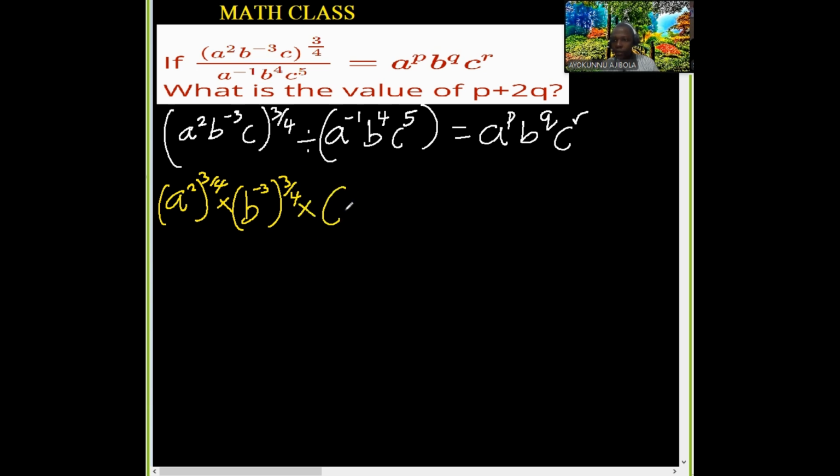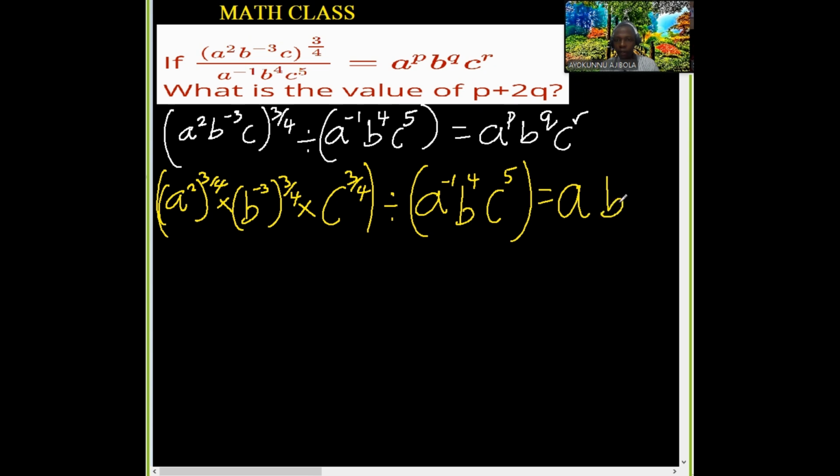Yes, sir. Times c having 3 over 4. Now divided by all of this, which are still together: a raised to power minus 1, b raised to power 4, and c raised to power 5. That was at the bottom before. So we still have our a, b, c, then p, q, r.